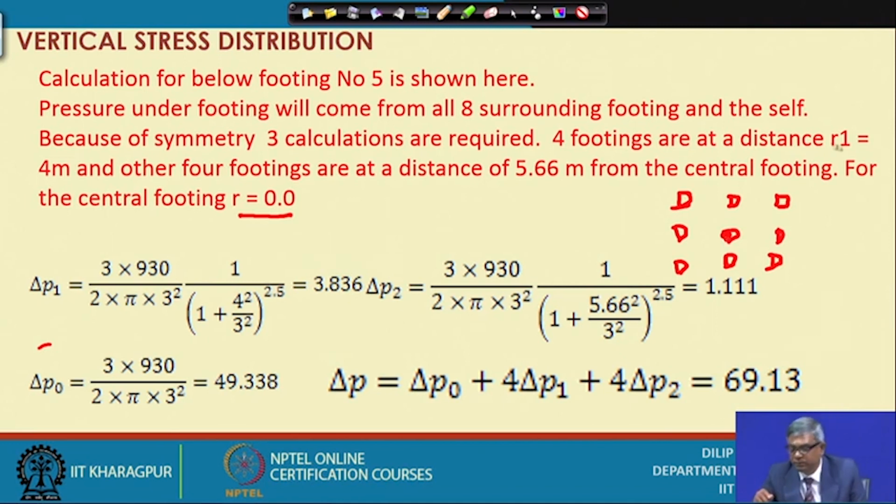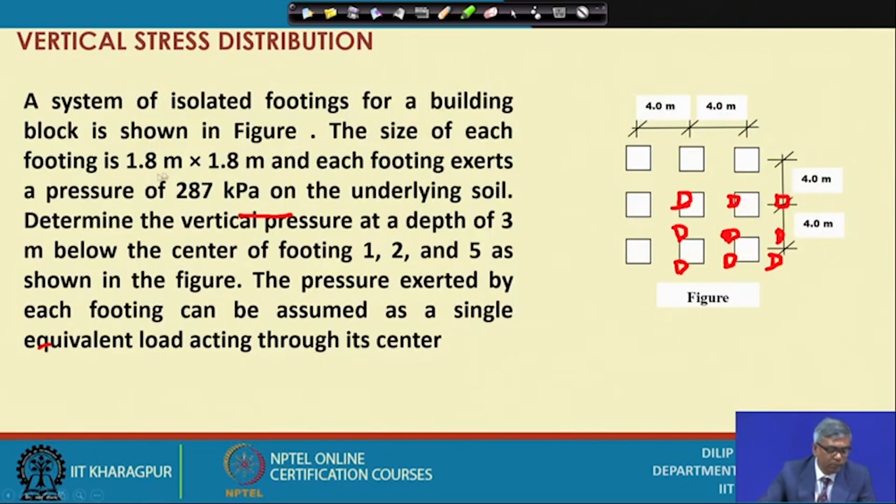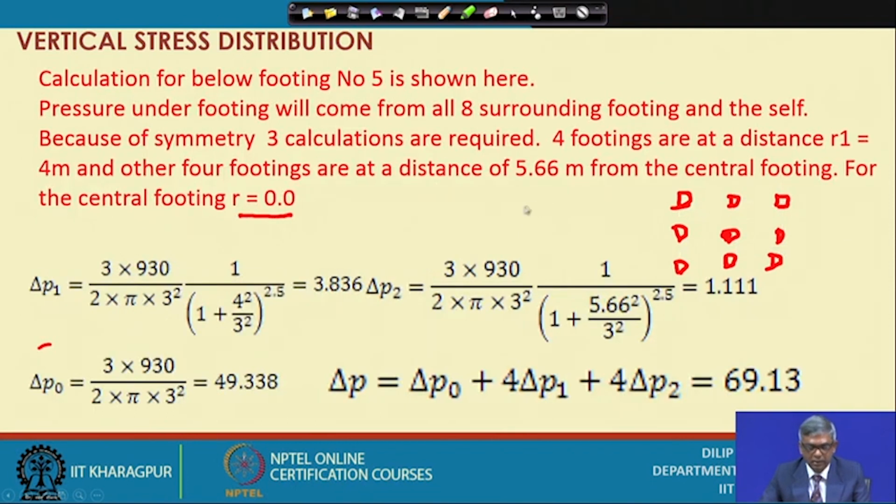The pressure intensity was 287 and the size of the footing 1.8. So, it comes approximately 930 kilonewton, and with that I will do the calculation.